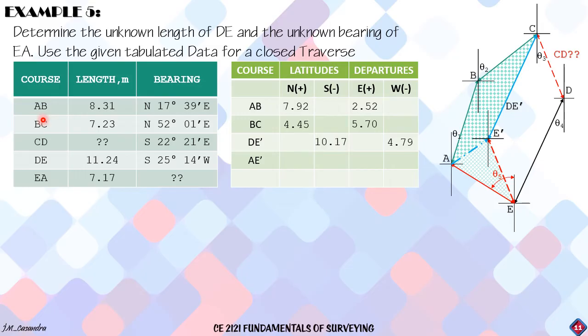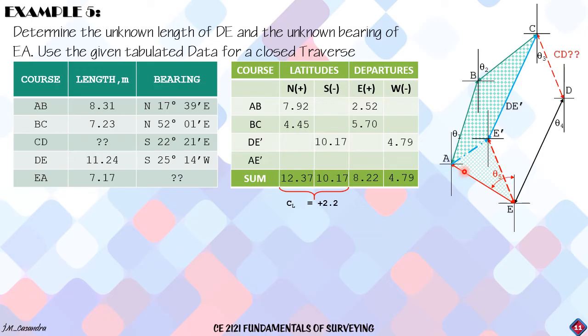So to solve for the length and bearing of the closing line AE prime, we solve for the sums. So northing, we have 12.37, southing is 10.17, easting is 8.22, and westing is 4.79. So we can compute now for the latitude and departure of line AE prime.